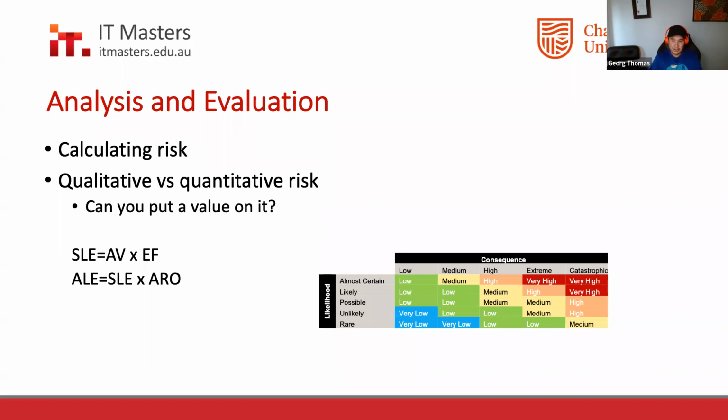If you can put a dollar figure on something, versus saying the risk is high, you always get asked, how do you figure that? Or what does that mean? High, or low, or very low. Whereas if you do a quantitative risk analysis and come out with an actual figure, that's better. We're going to talk about that.